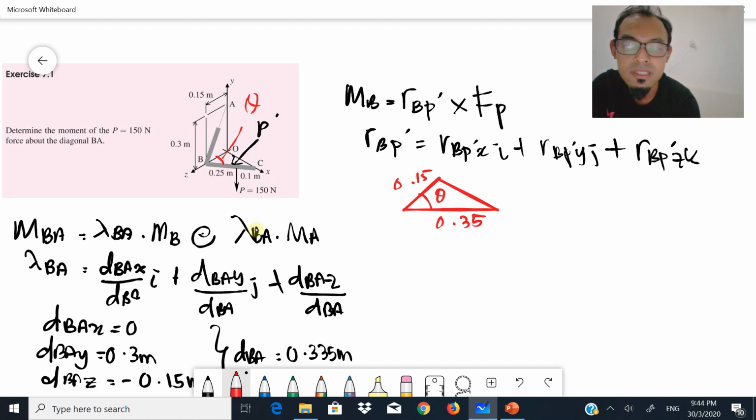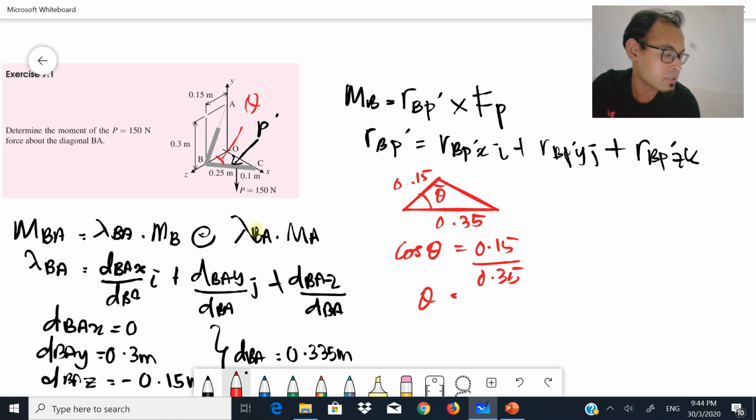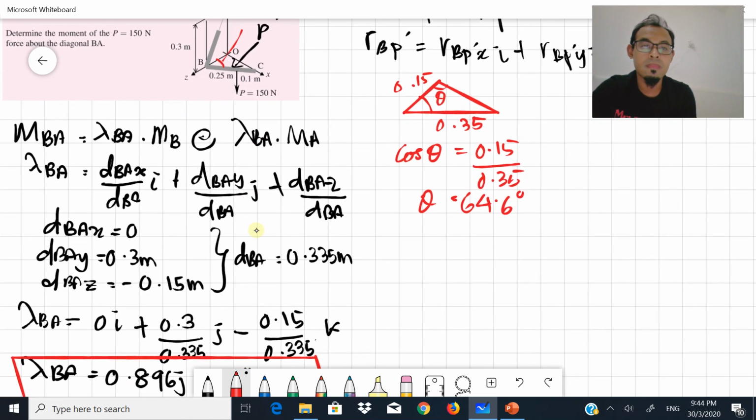This one is 90 degrees, so we can use cos theta equals 0.15 over 0.35, then theta should be 64.6 degrees.